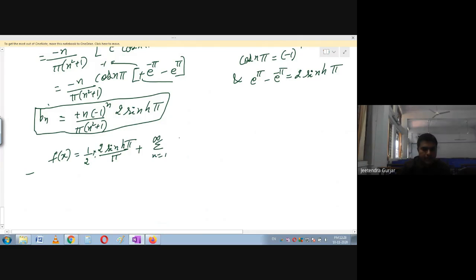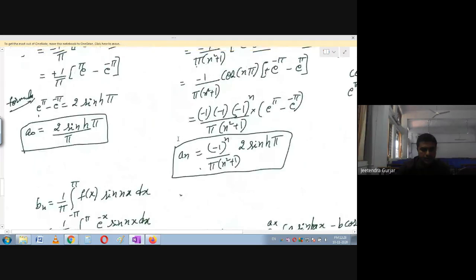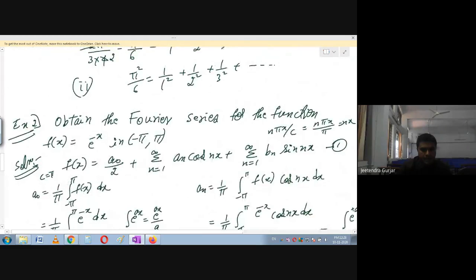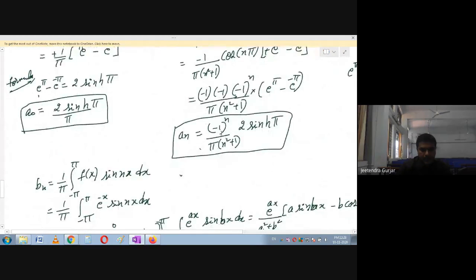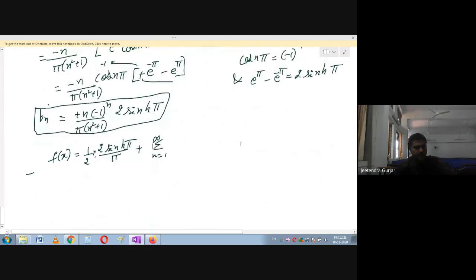Then you have to substitute an cos nx. An you have already calculated, minus 1 raised to n. So just substitute the value, students.